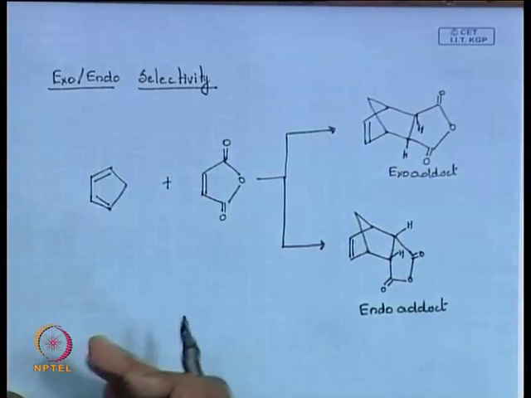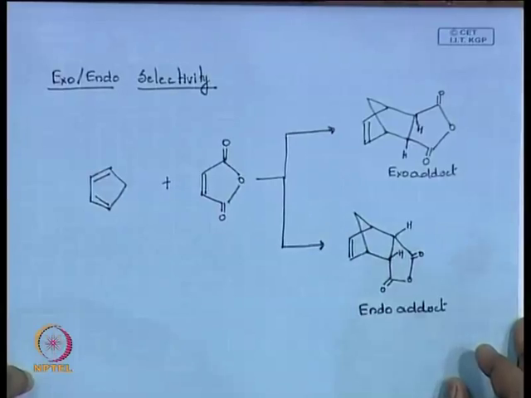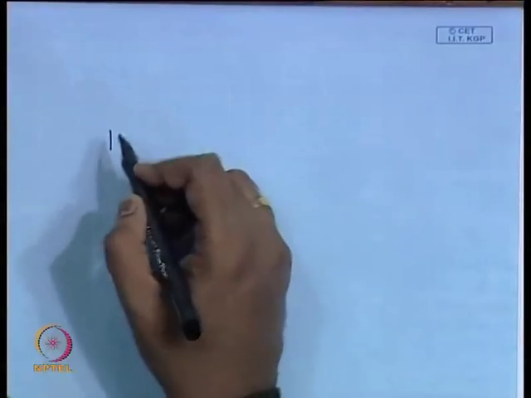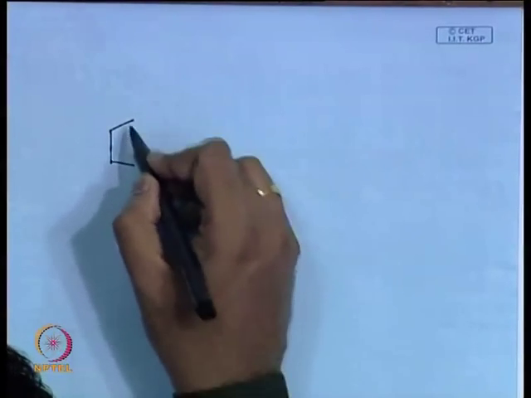And if you carry out a Diels-Alder reaction, most of the time you have a selectivity across your endo product than your exo. So, we will just look at why you get selectivity for endo. You can think about the transition state of these reactions. I will just draw the transition state for my endo.